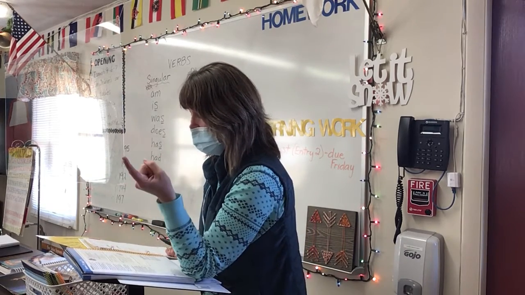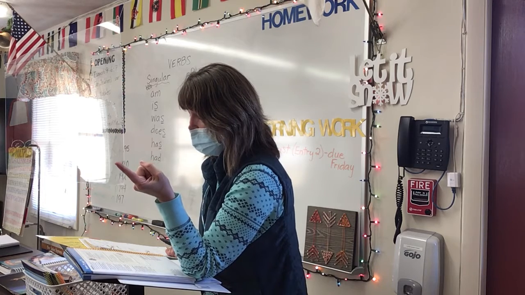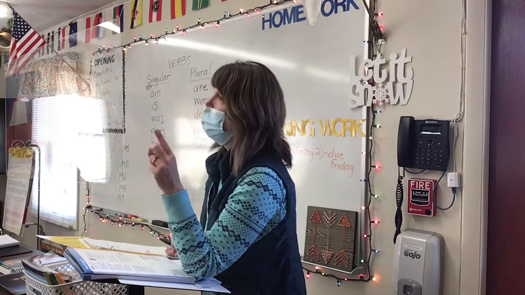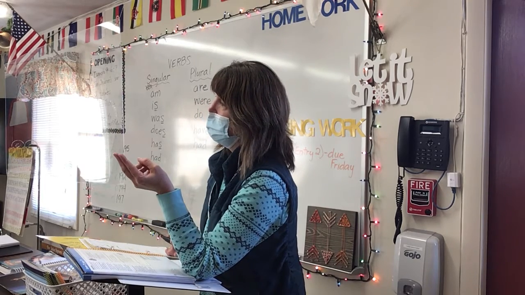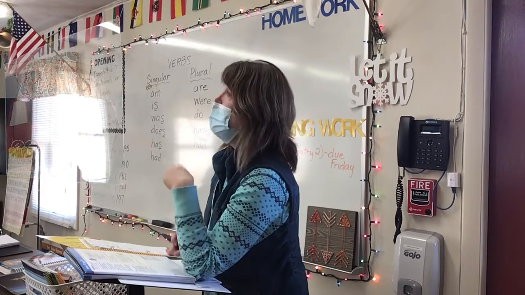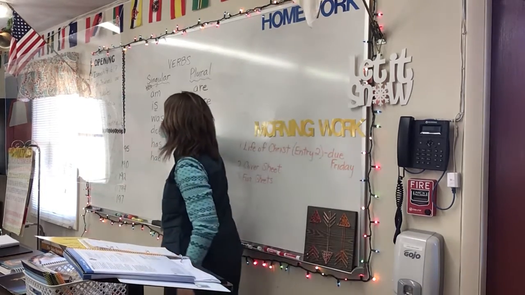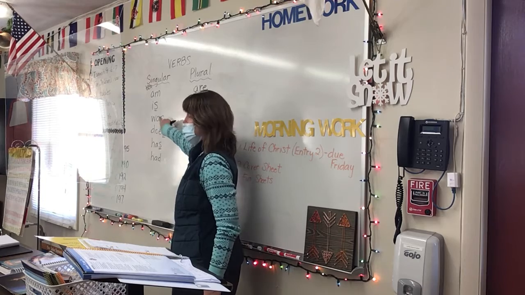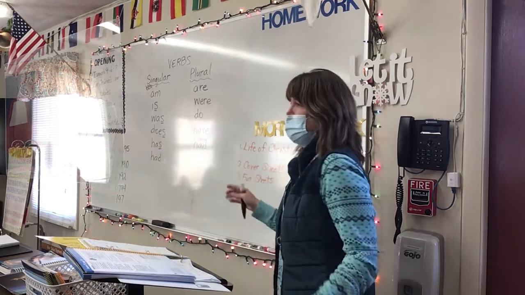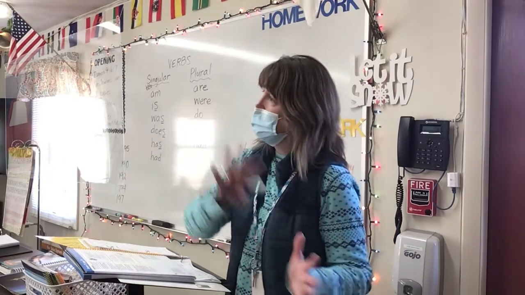Caleb, he's one person, wasn't at school last Friday. Now what two words stand for wasn't? Was not. Was is singular. So you set the not aside and just look at the was.